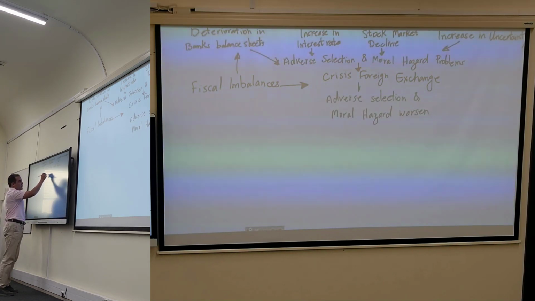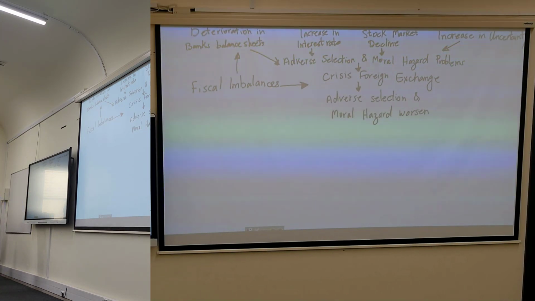So the problem would increase because the other sectors of the financial system will have some reflection, and we would have a worsened situation for the adverse selection and the moral hazards.